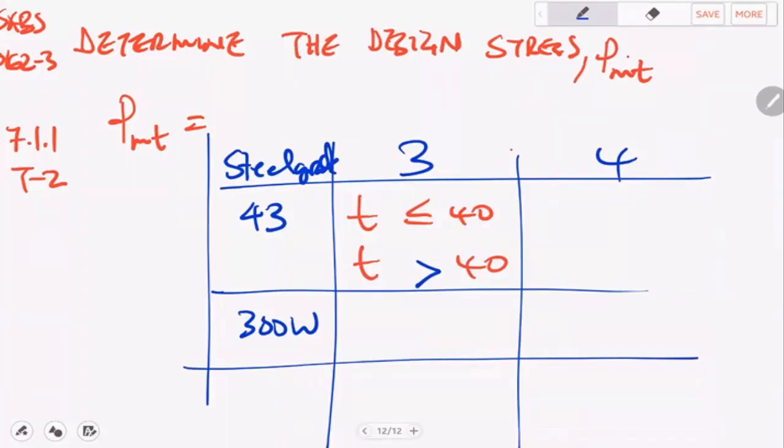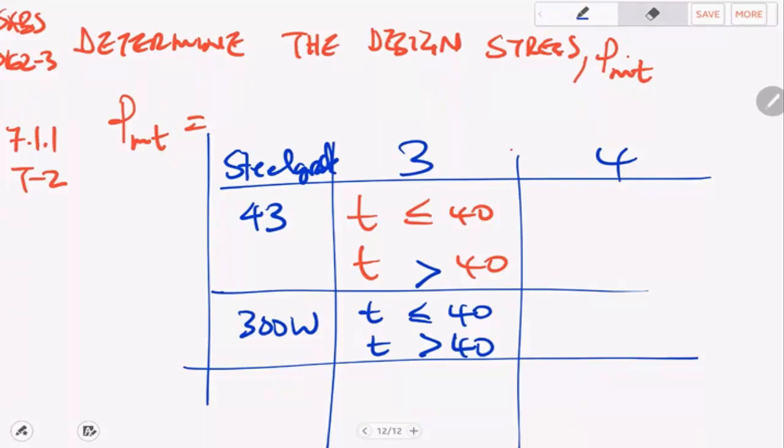Each time we get T less than or equal to 40, and the other one T greater than 40, where T refers to the thickness of the members. Please make sure you make that correction in that table.